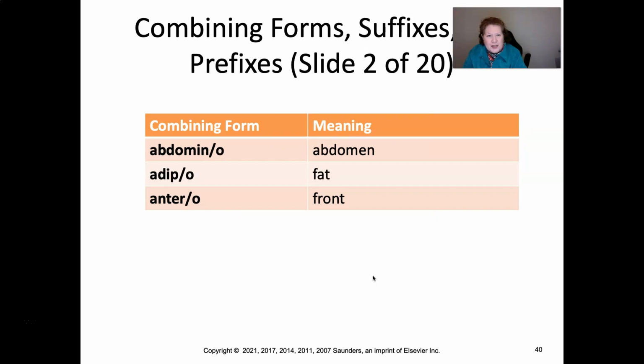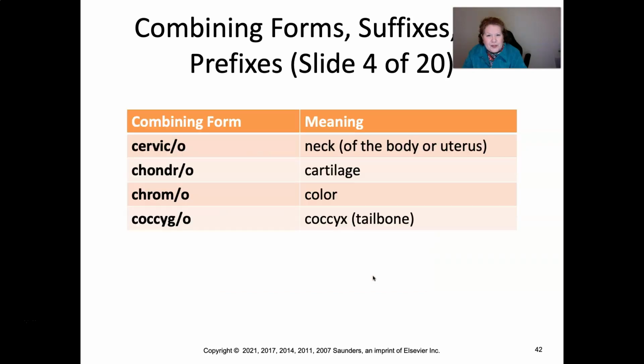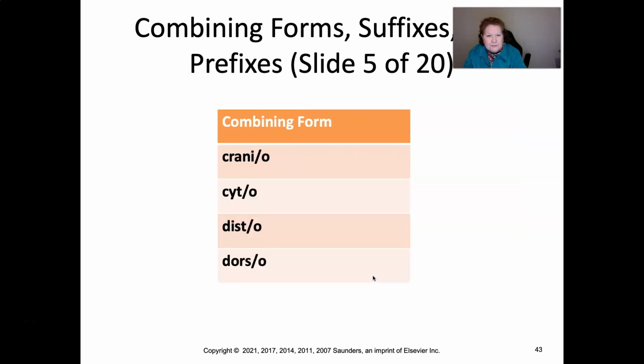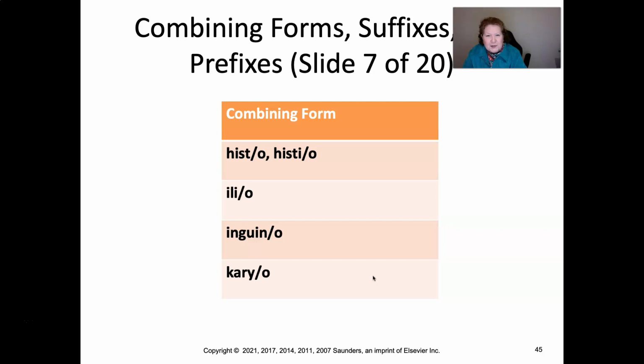And make sure, again, that you're looking at the combining form, the root as well as the combining vowel that goes with it. And here's more. And still more. I realize this is a lot of material coming at you very quickly, but this is something that we really need as a foundation before we move forward into each body system.